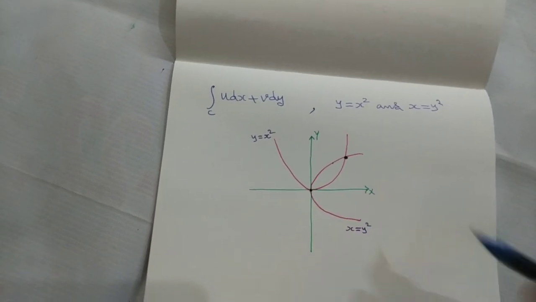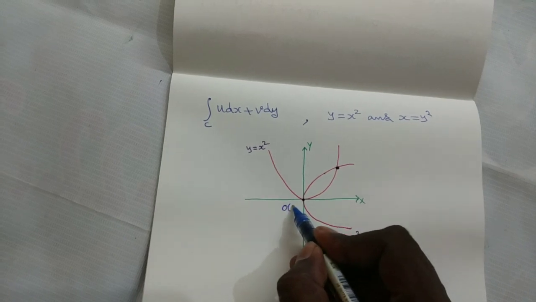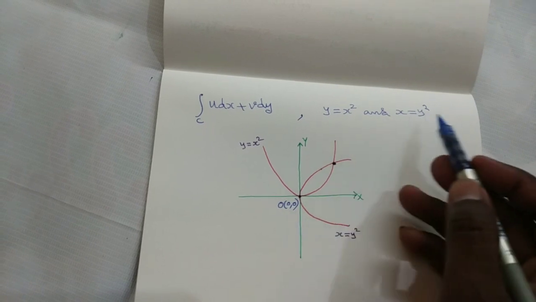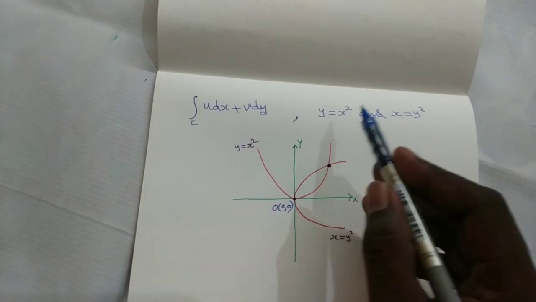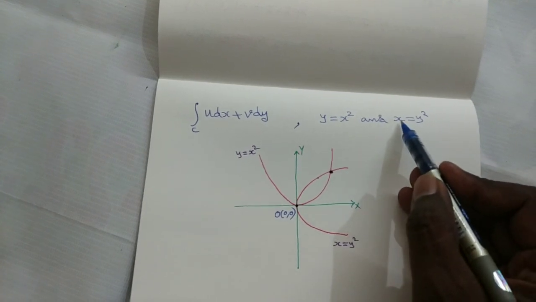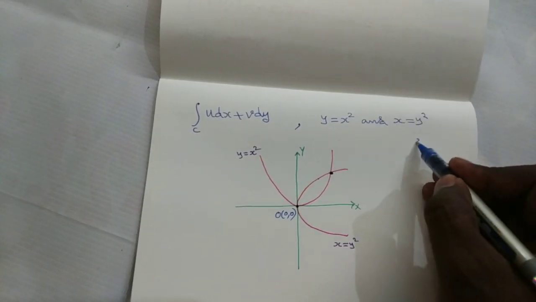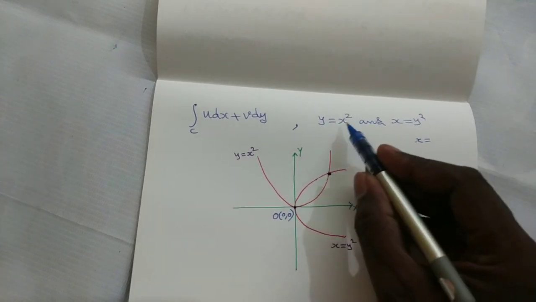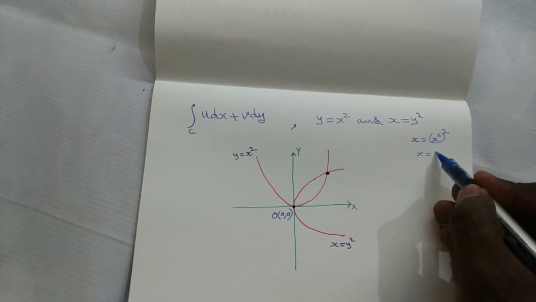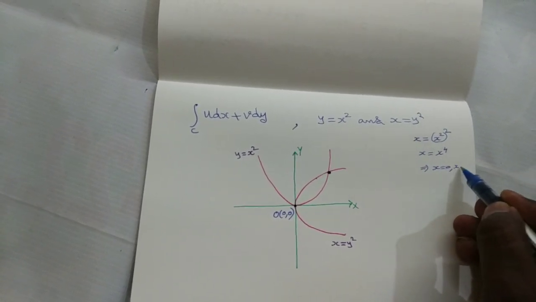Now I am going to name the points. This is the origin, take it as (0, 0). This is the point of intersection of the two parabolas. When you solve these two equations, substitute x = y² with y = x²: x = (x²)², so x = x⁴. From this, x = 0 and x = 1.